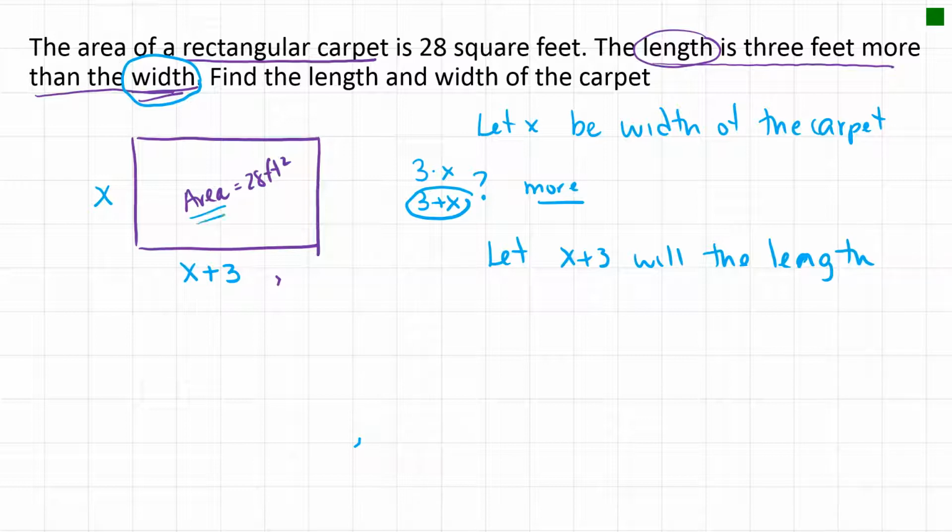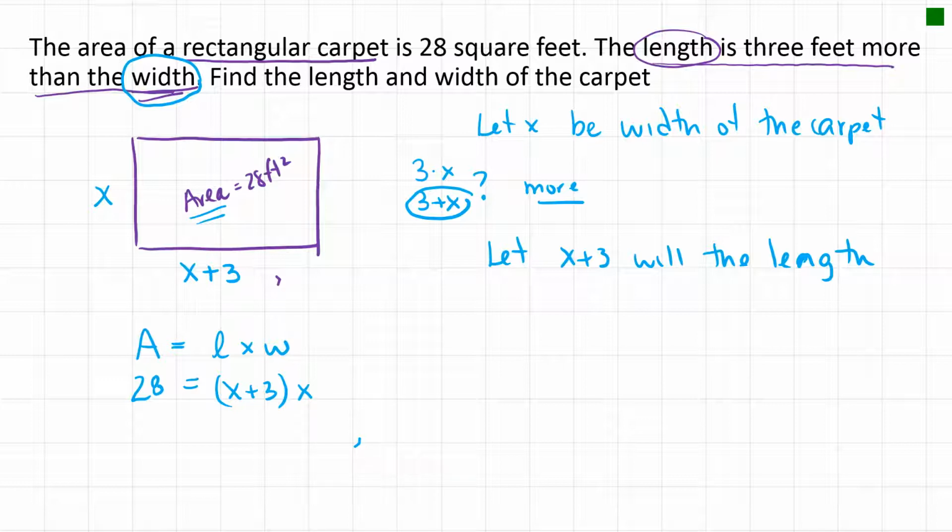Now, since they know the area is 28, I have to rely on my geometry skills and say I know the area of a rectangle is length times width. So that means the area is 28. I'm substituting in A to be 28. The length is x plus 3 and the width is x.